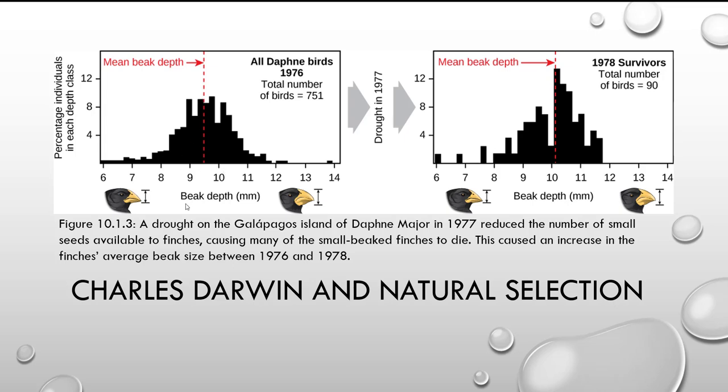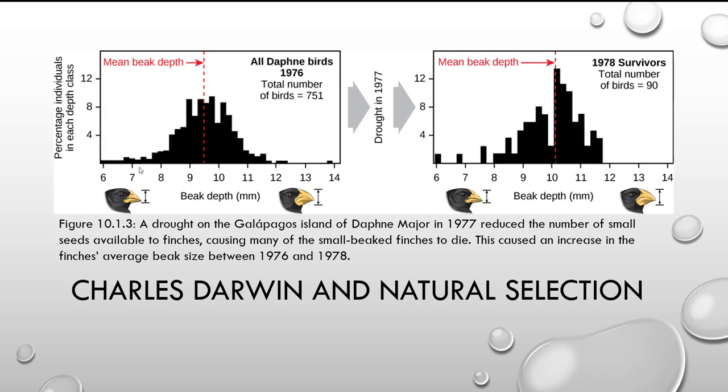Okay. But then we see that there was a drought in 1977. So that reduced the number of small seeds available to the finches. So it caused a lot of the smaller beaked finches to die off because simply there wasn't enough of the food source for them, which they fed on the smaller seeds.